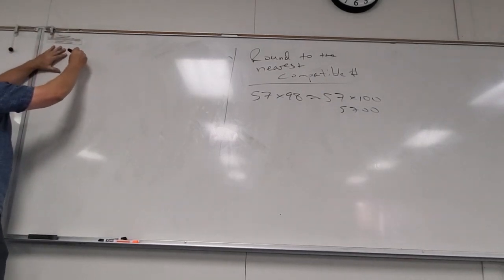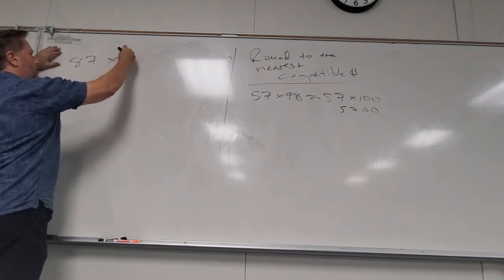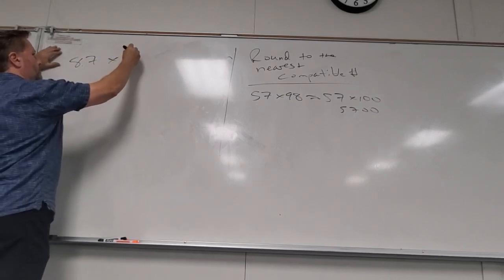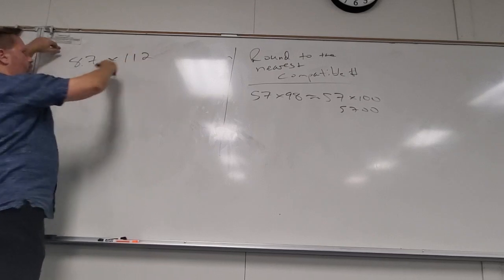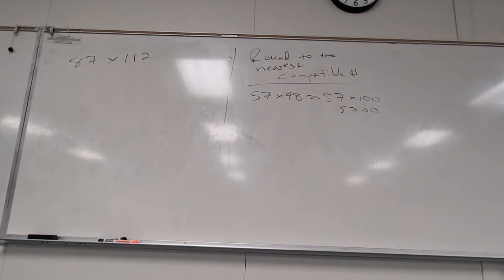Which again, if I wanted to do, what do you got, Jeff? 8.7 times 112. So we talked about this a second ago. How could you kind of make that work? What would you round things to be?